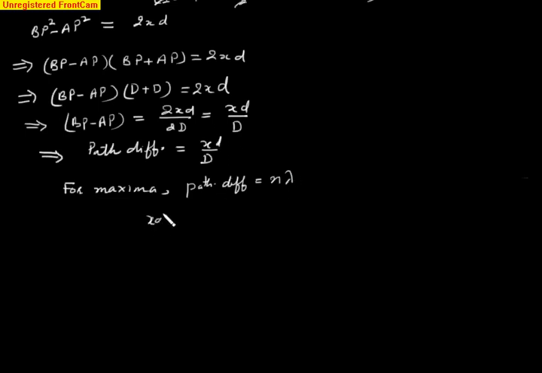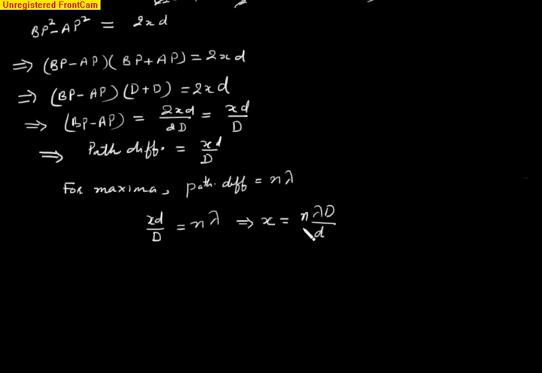We get xd over capital D is equal to n lambda, which implies that x, the distance from the center, is n lambda times the distance between screen and source divided by the distance between the two sources.